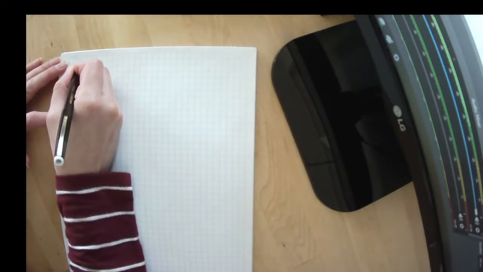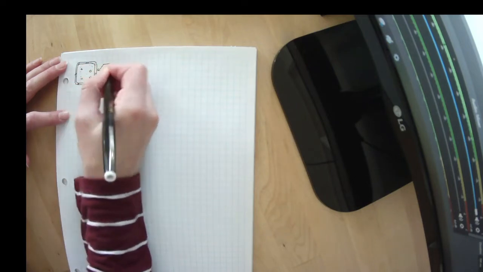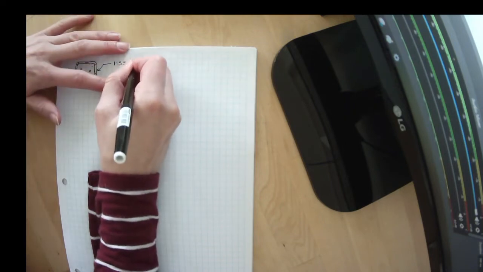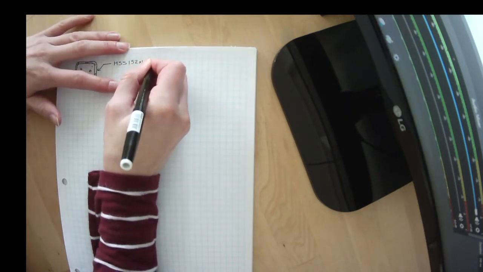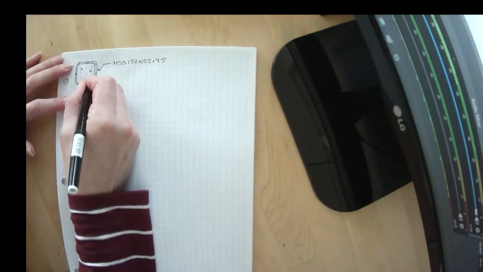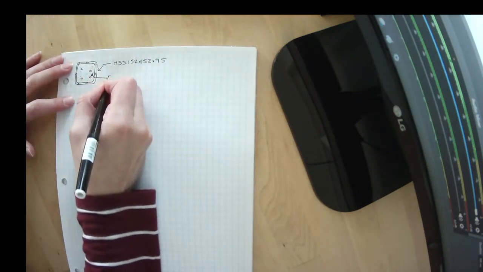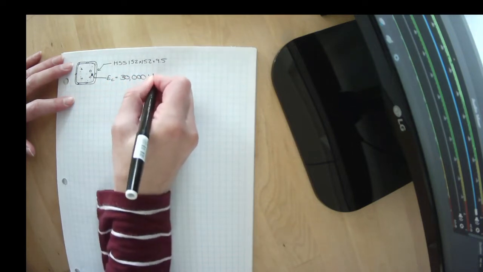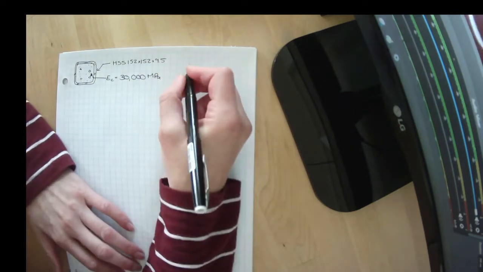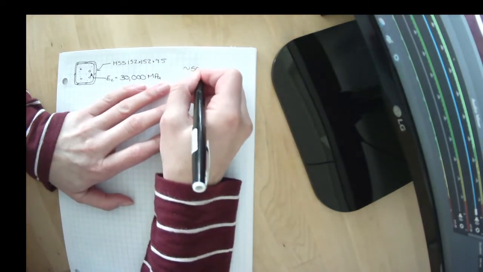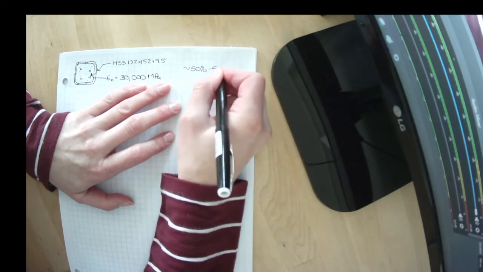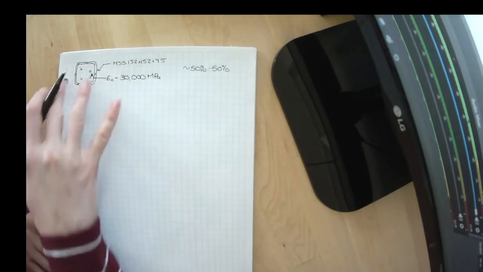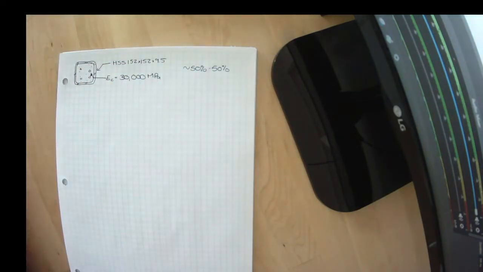Drawing my steel HSS, and this is an HSS 152 by 152 by 9.5, and this is concrete with an E of 30,000 MPa. I'm going to say around 50%. I know that's not right, but it seems to me somewhere in that range might possibly be right.